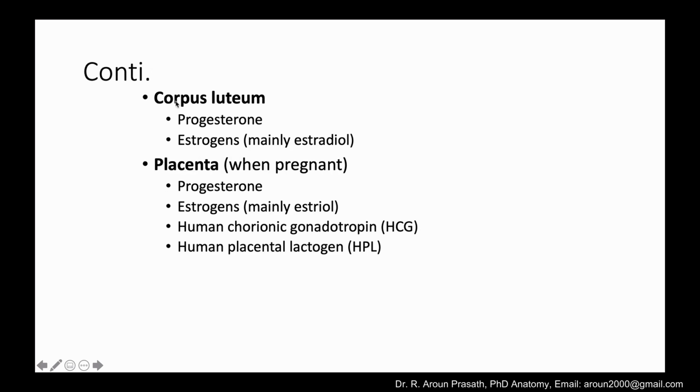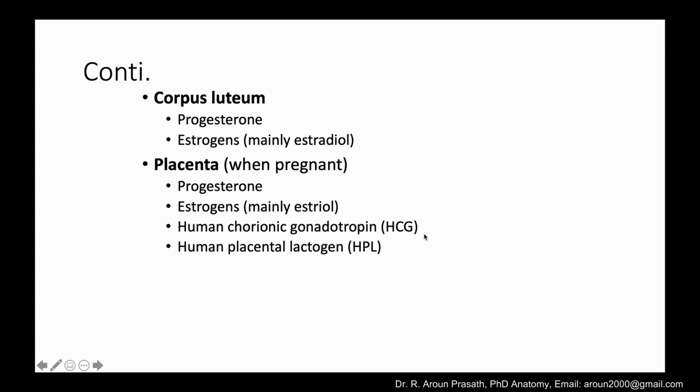Then the corpus luteum in the ovary produces progesterone and estrogen, and the placenta after conception produces progesterone, estrogen, HCG, human chorionic gonadotrophin, and HPL, that is human placental lactogen. When HCG is produced by the placenta, the kidney starts to filter the HCG into the urine.